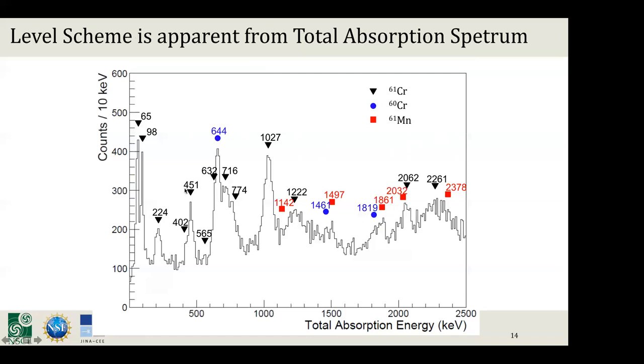So this here is the ungated total absorption spectrum, and you can see that there are peaks that are the levels, the excited states in chromium-61, which is the daughter nucleus, manganese-61, which is the granddaughter nucleus, and of course the beta delayed neutron daughter, chromium-60, as well. So that's one of the very nice things about using a TAS detector like SuN.